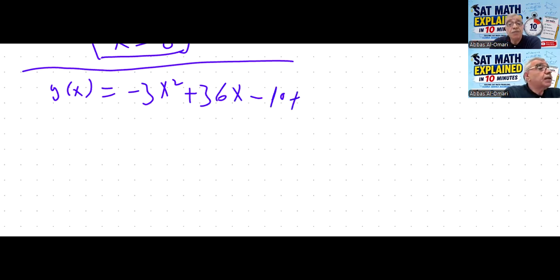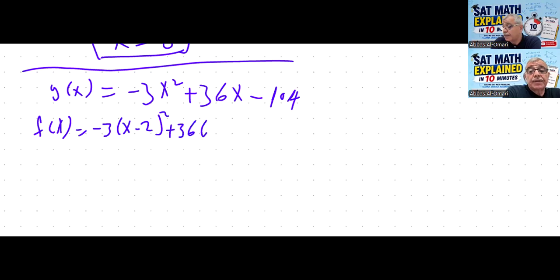Now we know that f of x equals g of x minus 2. Then we substitute x minus 2 instead of x: f of x equals minus 3 times (x minus 2) squared plus 36 times (x minus 2) minus 104. Then we do algebra.